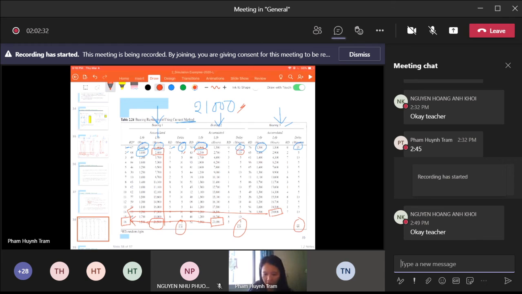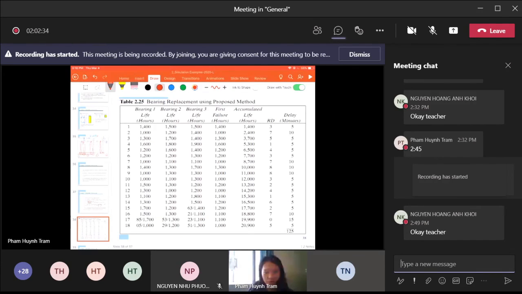All right, so let's look at this scenario. Bearing number 1 lasts for 1,400 hours. The first bearing 2 lasts for 1,500 hours. The first bearing 3 lasts for 1,500 hours. So which one failed first?